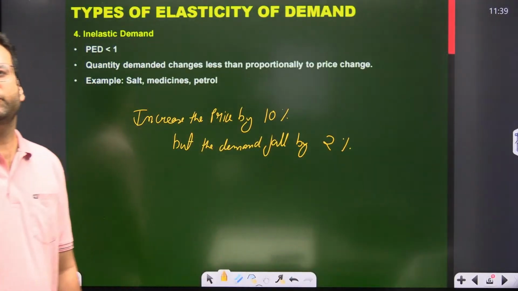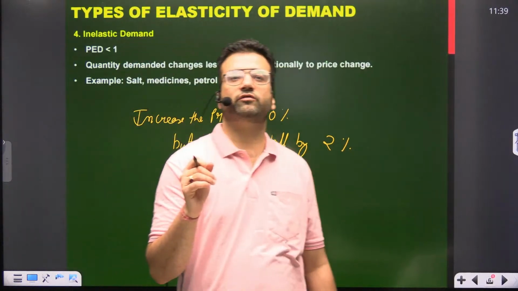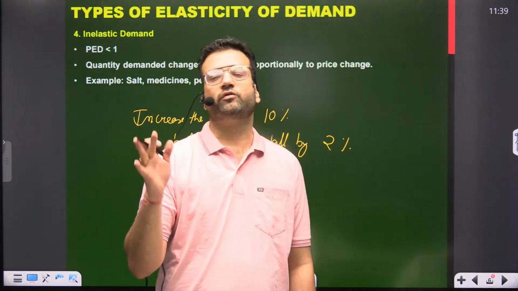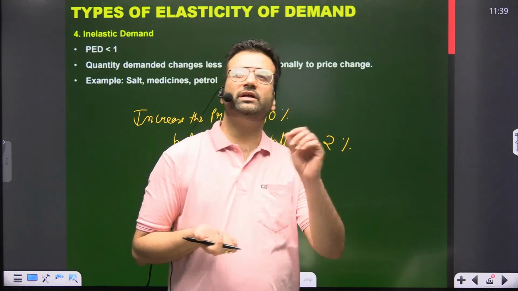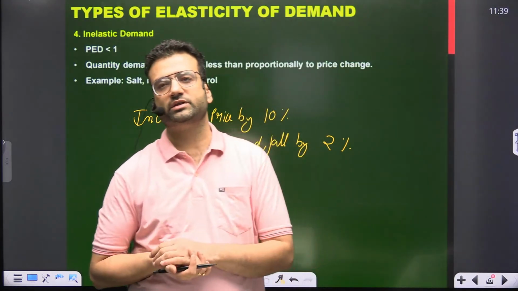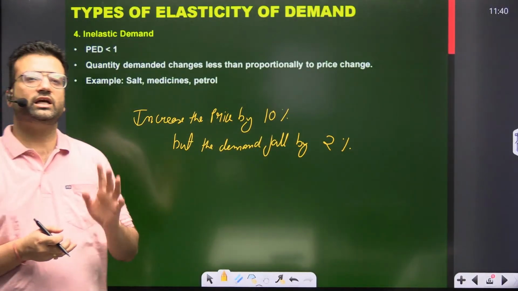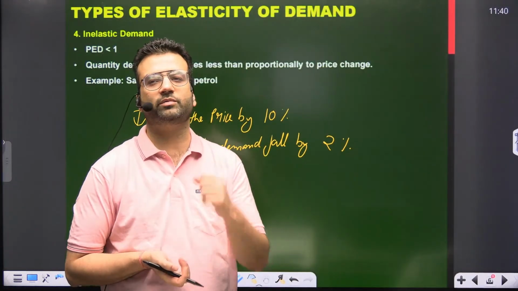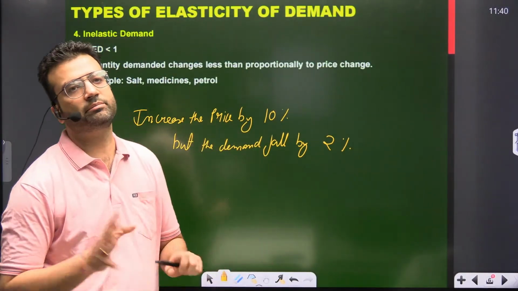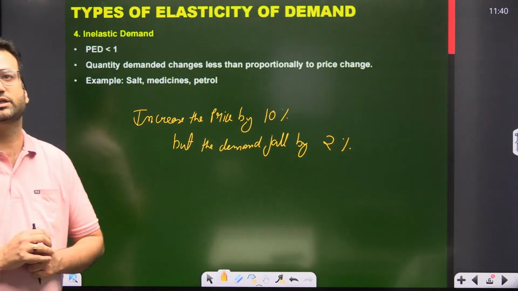Even if you increase the price of Bisleri from 10 rupees to 12 rupees, the demand might fall by only 2% or 1%. People switch to another brand. So in case of inelastic demand, if you increase the price by 10%, 12%, 15%, the impact on demand fall is very less. This is inelastic demand.